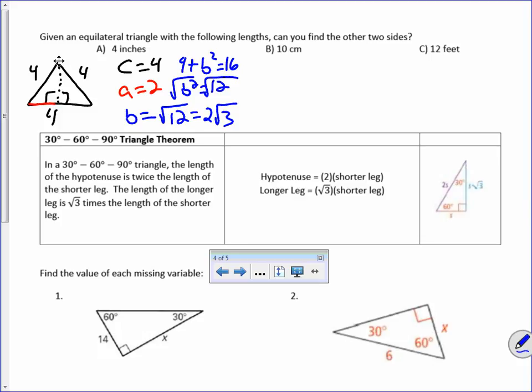So hopefully you're starting to see the pattern. For b, it's going to be the same thing. The hypotenuse is going to be 10. The short leg is going to be 5, half of that. And the other leg, the long leg, is going to be the short leg times root 3. So b is going to be equal to 5 root 3.